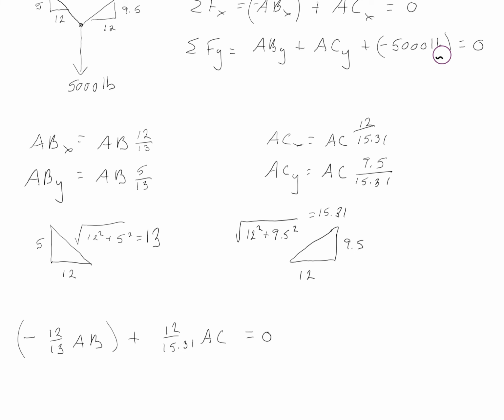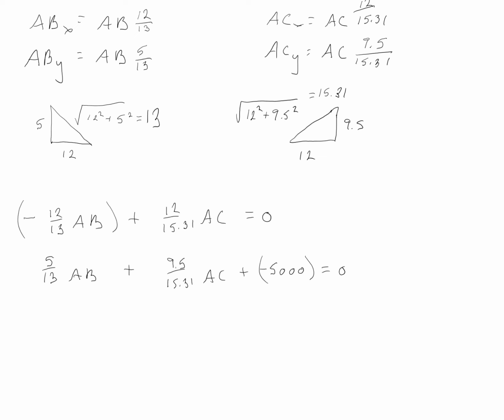That adds up to 0. For the y component, I have ABY, so I have 5/13 AB, plus the AC component, which is 9.5 out of 15.31. And I have the negative 5,000. That adds up to 0.